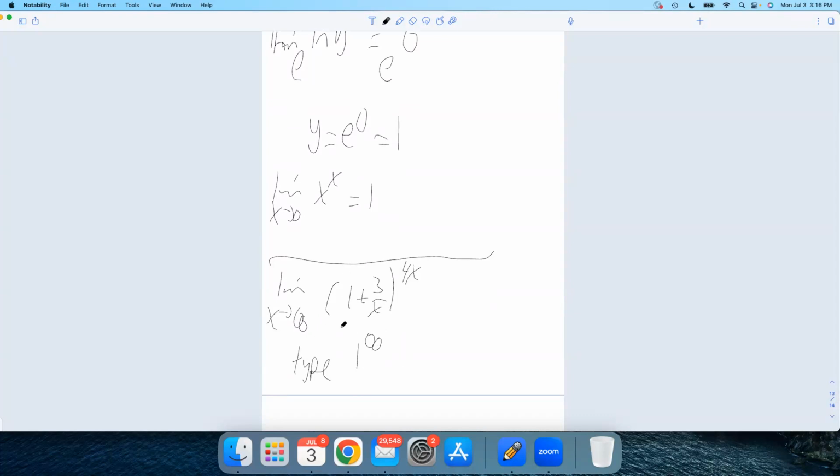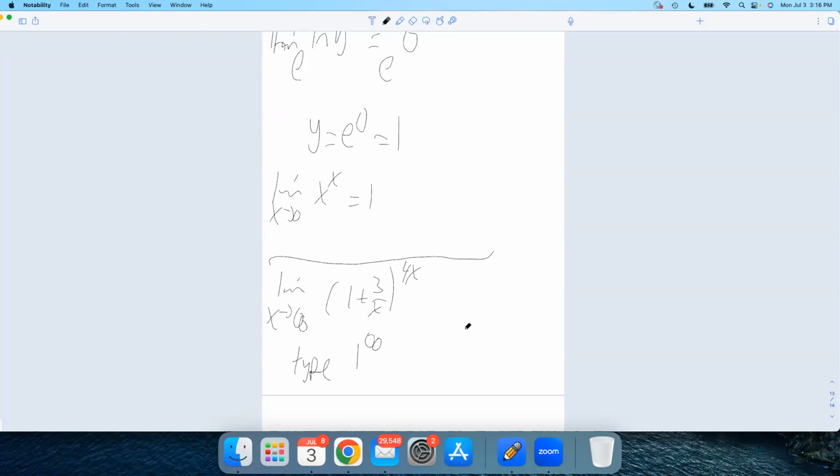So the inside wants to just go to 1. 1 to any power is 1, right? Like what's 1 to the 7th power? 1. So the inside says the answer should be 1. But the exponent says, wait a minute, everything that's in here right now, sure, this might be getting closer to 1, but every number here is a little bit bigger than 1.